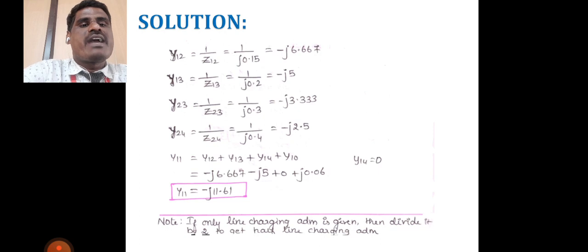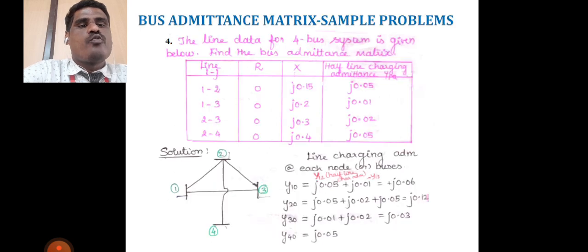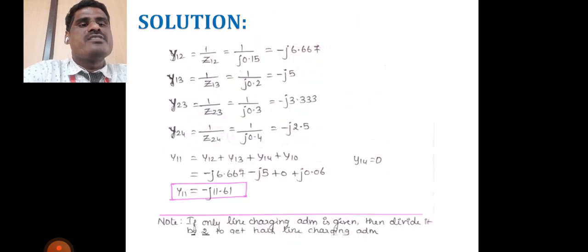So, y12 is minus j 6.67, plus y13 which is minus j 5, plus y14 which is 0, and y10 is j 0.06. After substituting, we get y11 equal to minus j 11.61. This is the first diagonal element, y11.